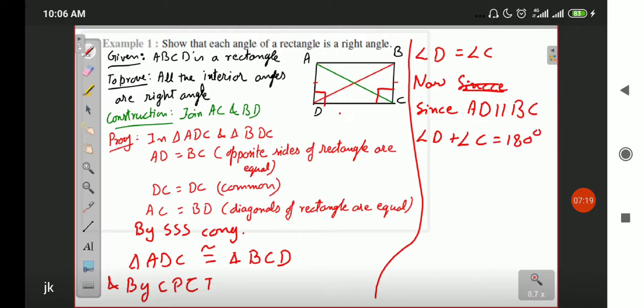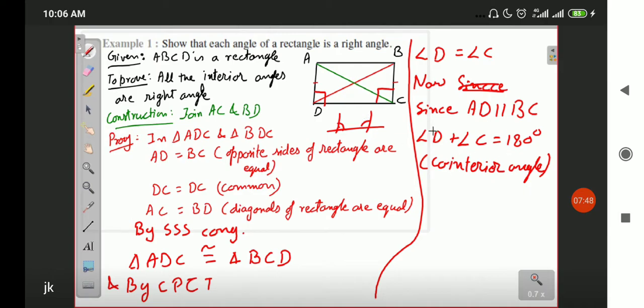What I am trying to say is, these two lines are parallel, this is a transversal. So the sum of these two angles should be equal to 180 degrees. So angle D plus angle C is 180 degrees. Why? These are a pair of co-interior angles.